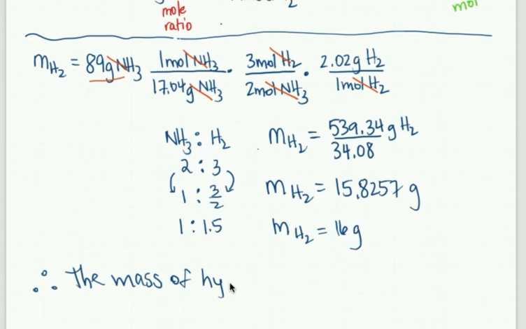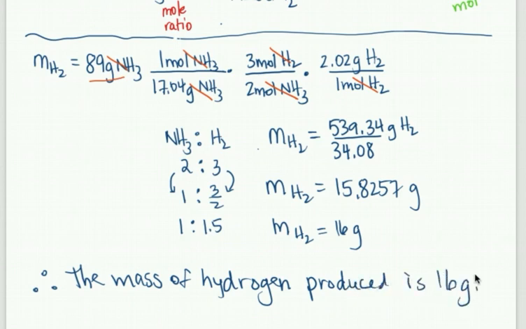So the mass of hydrogen produced is 16 grams. Okay, so again, I wanted to start with that method just so I could get you more convinced to try it, okay?